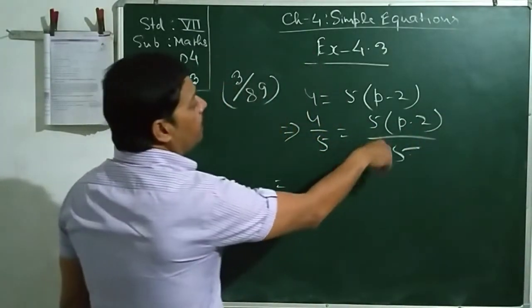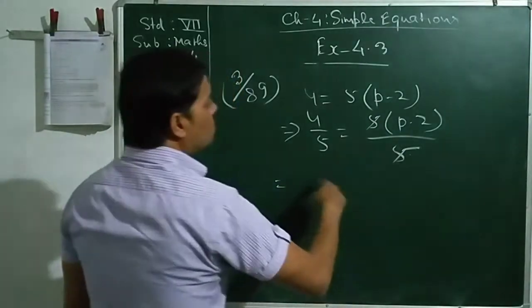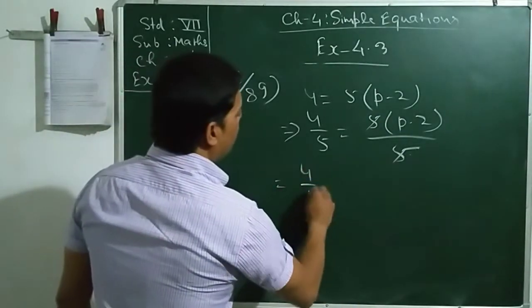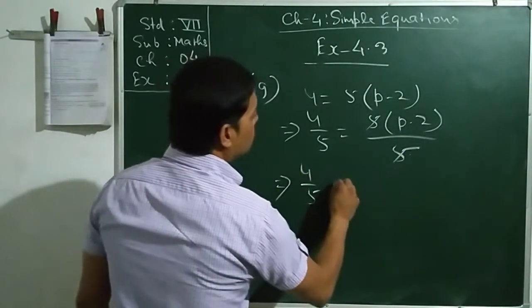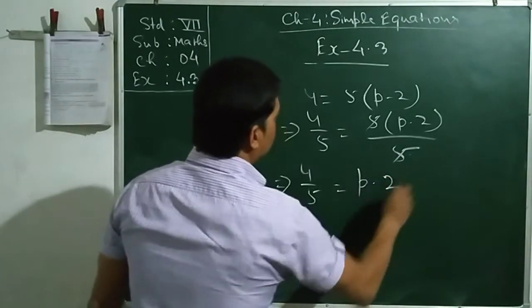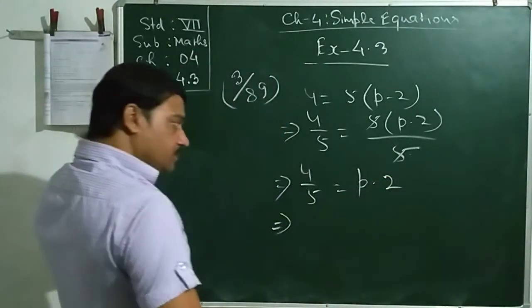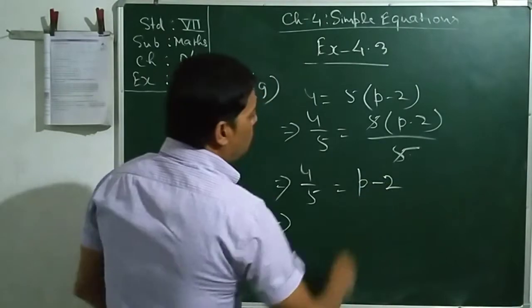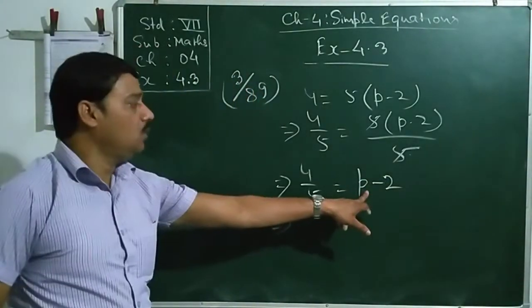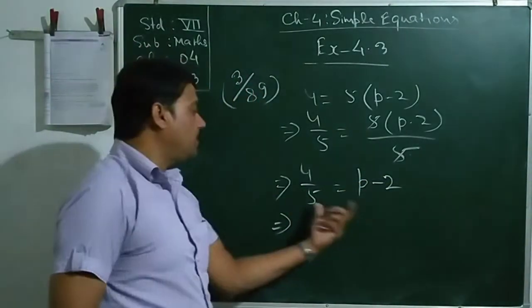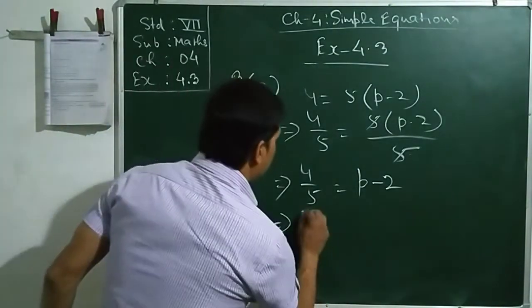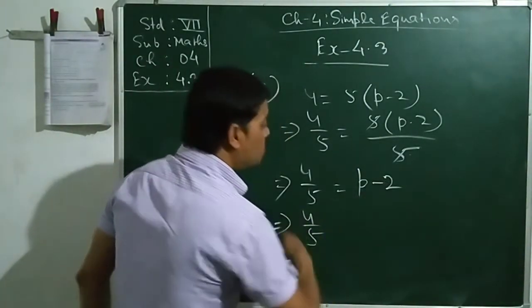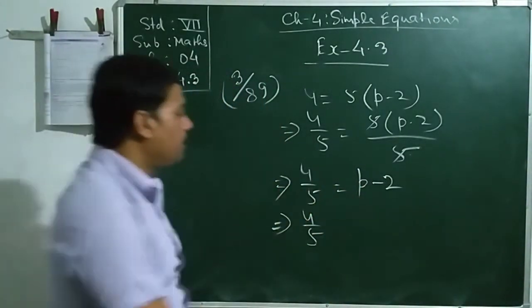Now 5 reduces to 1, so we can write 4 by 5 equals p minus 2. Or in the next term, if you want to leave p alone, then minus 2 will come to the LHS as plus 2.